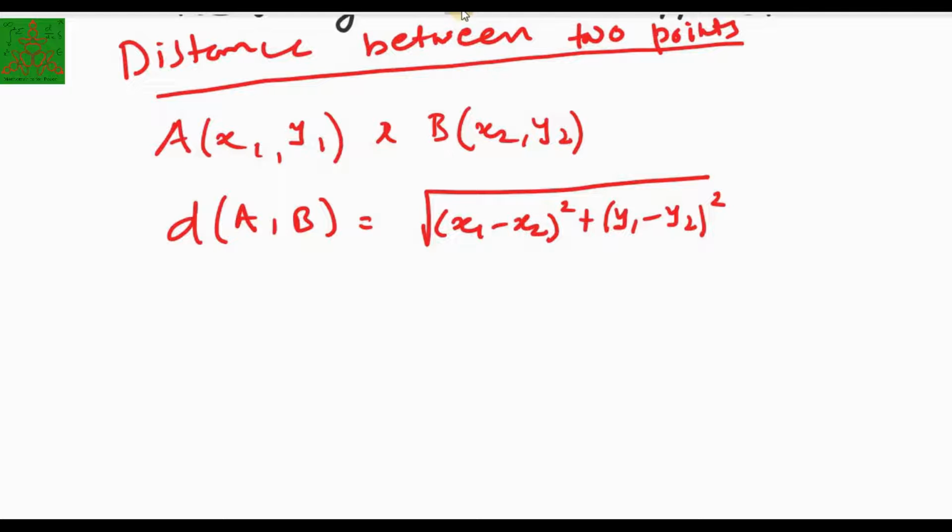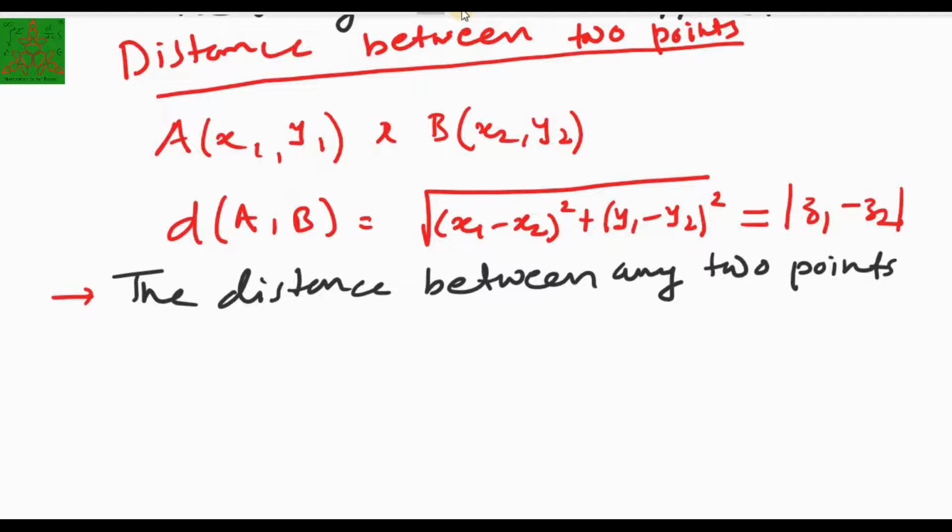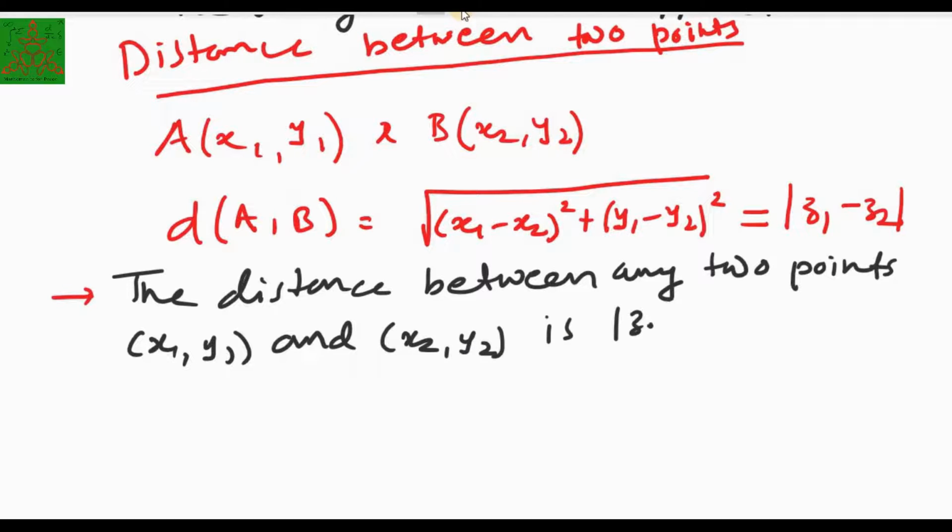Using the definition of modulus, this is nothing but mod of z1 minus z2. So ultimately, the distance between any two points (x1, y1) and (x2, y2) is nothing but mod of z1 minus z2, where this is z1 and this is z2.